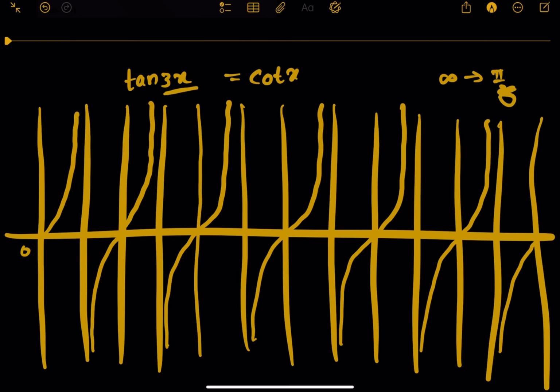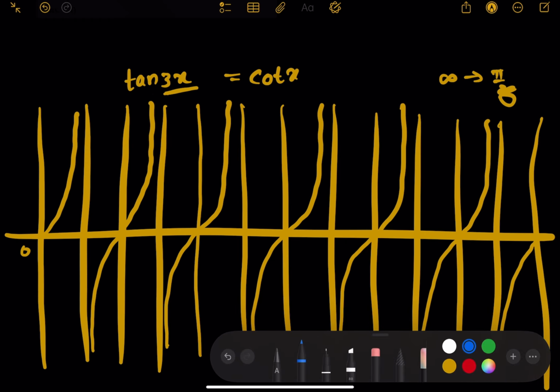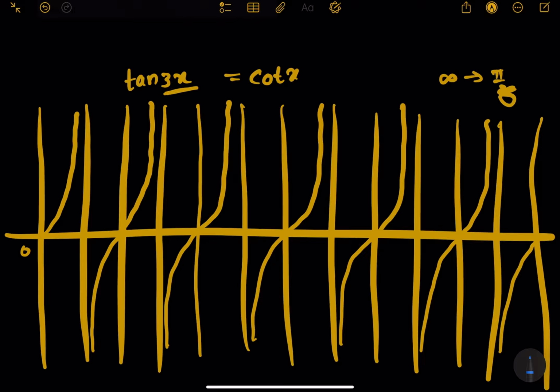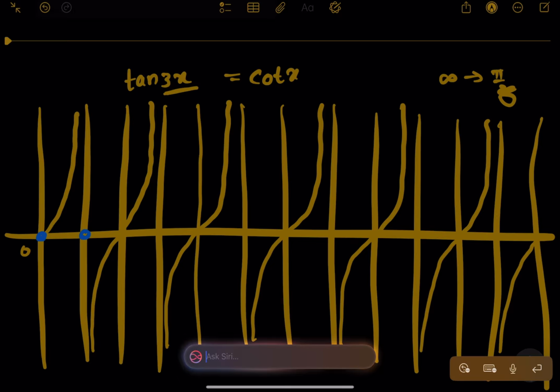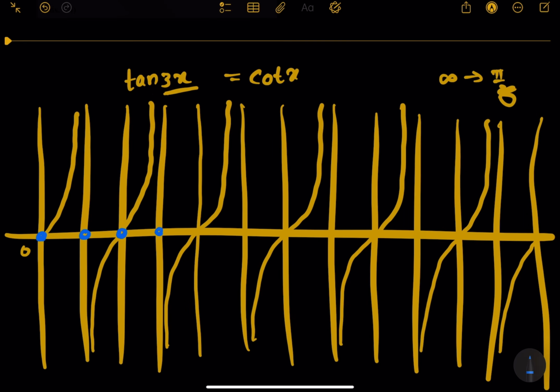Now cot x. How do we draw the graph of cot x? Let's do that with a different color. At 0, it goes to infinite, and at pi by 2, it goes to 0. So this is pi by 6, 2 pi by 6, 3 pi by 6, which is pi by 2, then 4 pi by 6, 5 pi by 6.